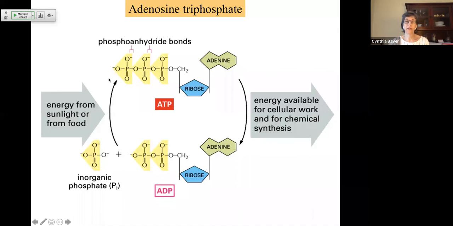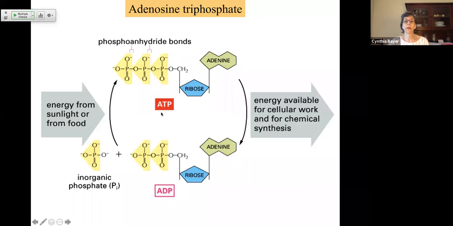The energy that is required to form ATP comes from light energy in sunlight, or is extracted from high energy food molecules. That ATP is formed as our ribose nucleotide with an adenine, 3 phosphate groups.